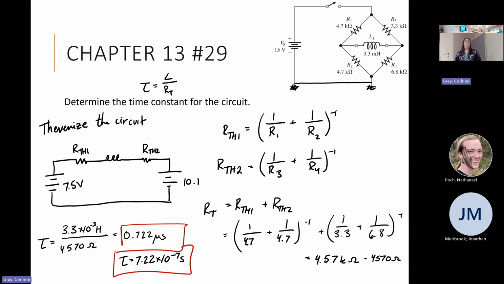I don't know, but that would also be the same amount of time. So leave it in whatever you're comfortable leaving it in. I'm not expecting you to Thevenize any circuits that have inductors inside of them. So don't worry about the RT part, but are there any questions about finding tau?